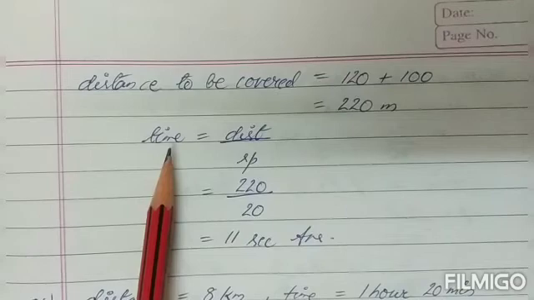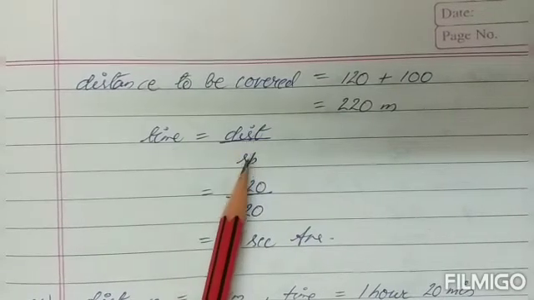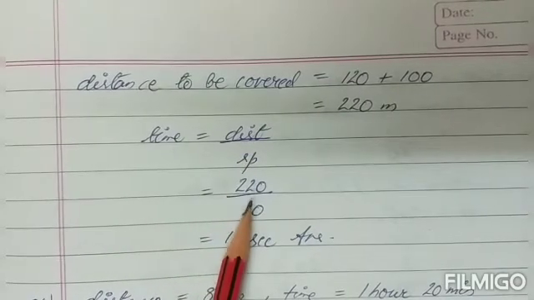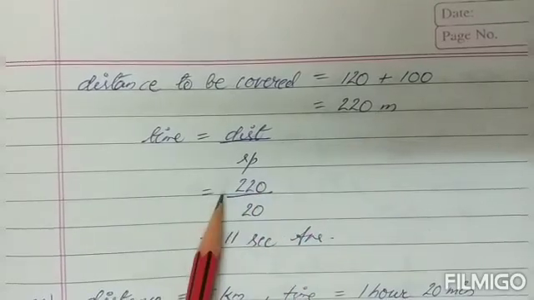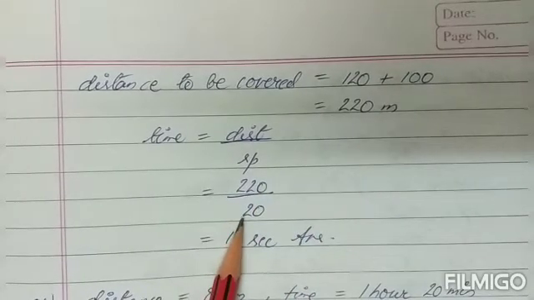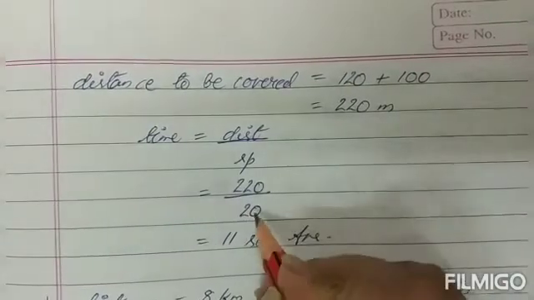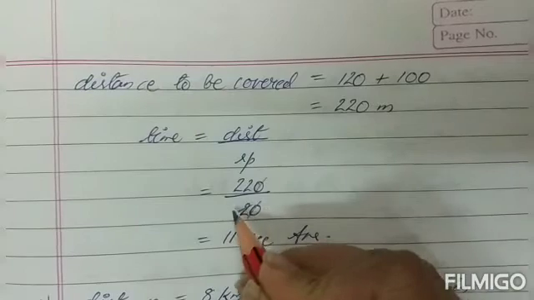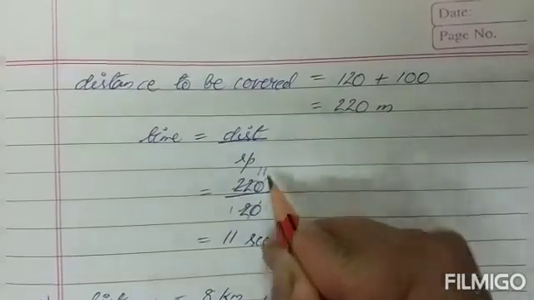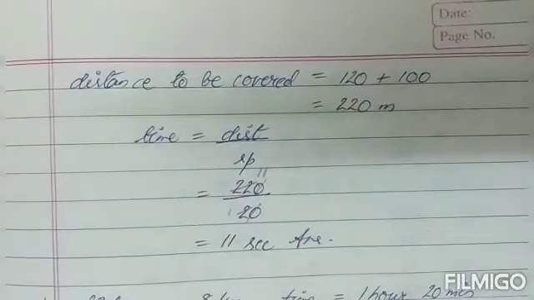So use the formula for time. Time is equals to distance upon speed. Distance is 220, which is given over here, and speed we just calculated, children, 20 meters per second. So divided by 20. Zeros can be cancelled and 2 ones are 2 and 2 11s are 22. So 11 seconds is your answer.